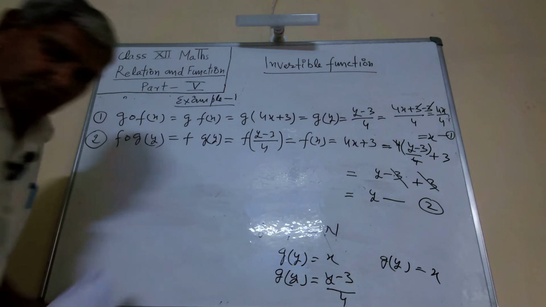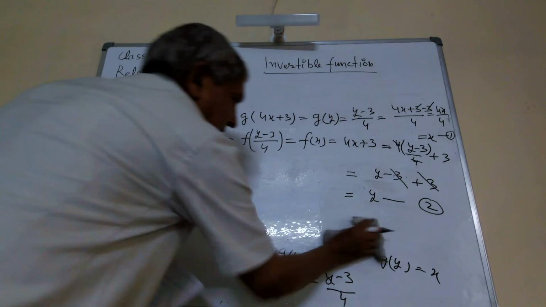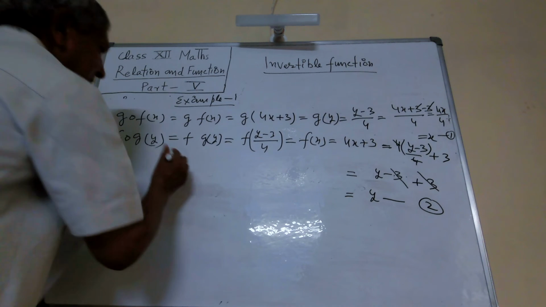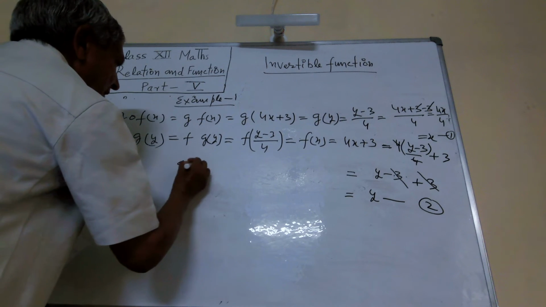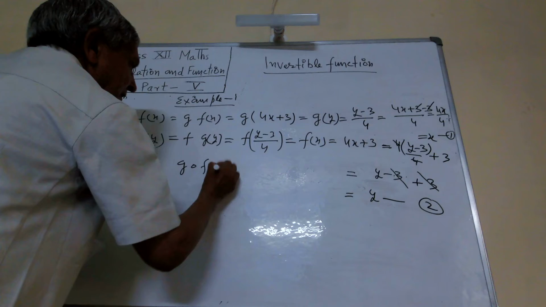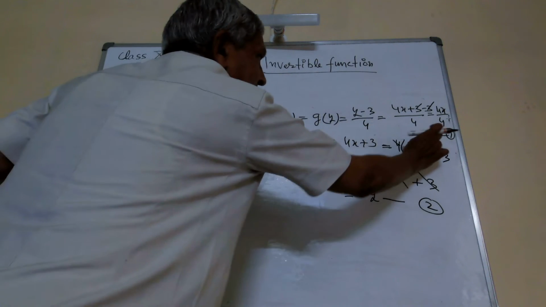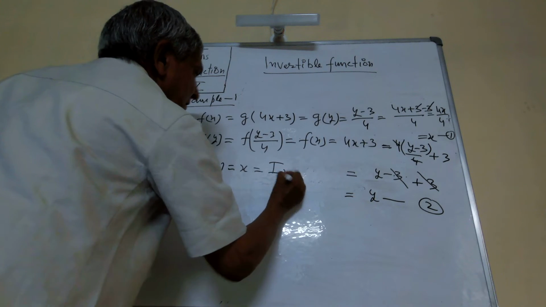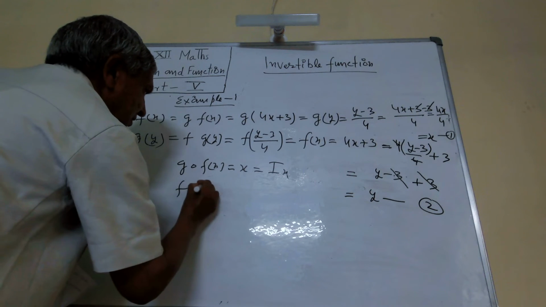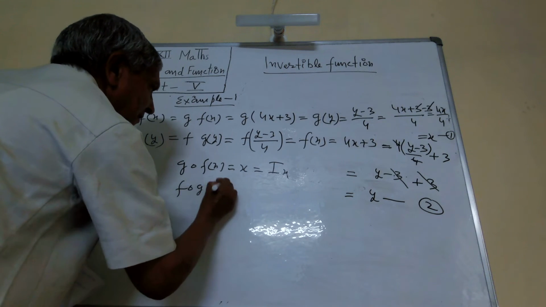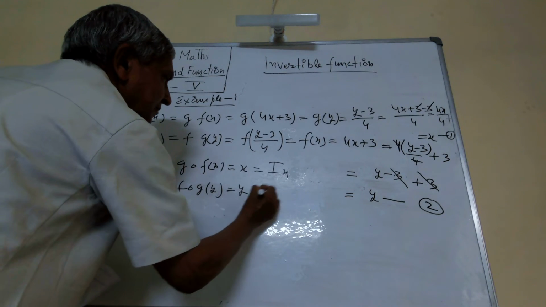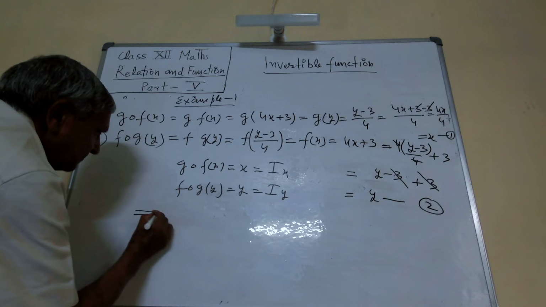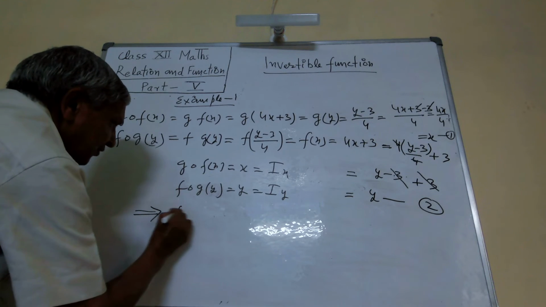Hence, both the conditions are proved. G o f x is equal to x is equal to I. F o g y is equal to y is equal to I. This implies that f is invertible.